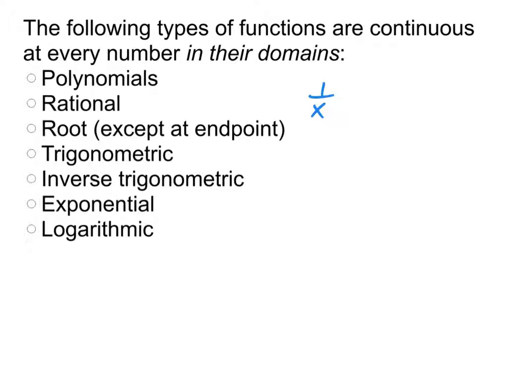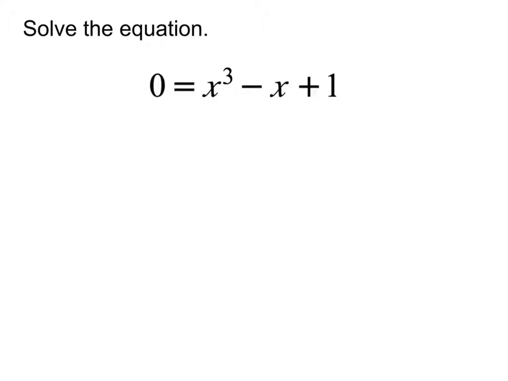So wouldn't that mean that this violates it? No, because notice it says it's continuous at every number in their domains. Since the asymptote is not part of the domain, that's not violating that. And so it really is a matter of just knowing that it's part of the domain in the first place too. Okay? All right, so here is an equation.